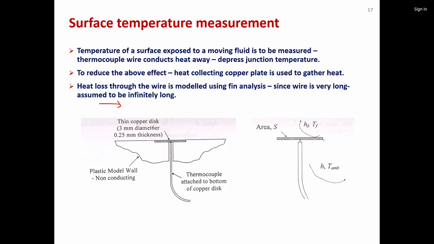So you have the spreader, which has a surface area of S, and the fluid has a temperature of TF, which you want to measure. The heat transfer coefficient is HF.